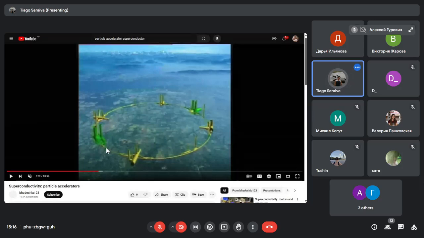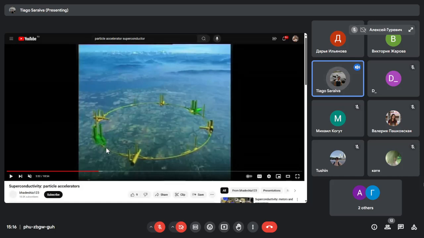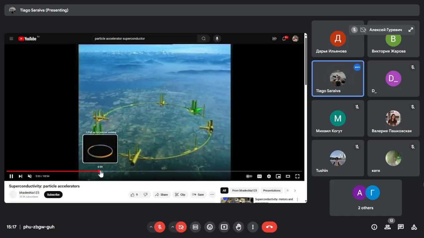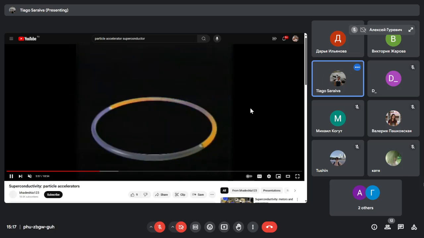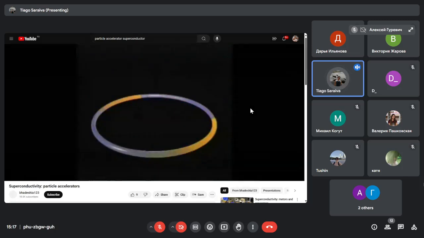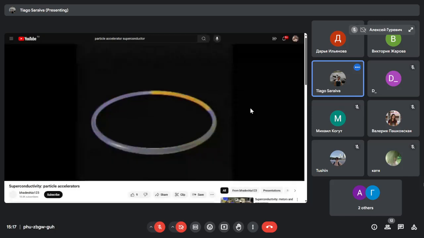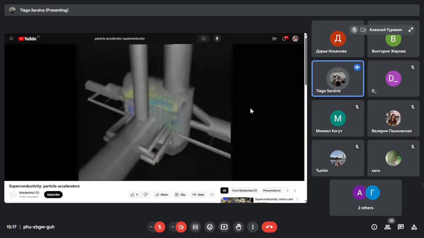When they are very fast, they produce some magnetic field around them, and then the superconductors repel them. So they just stay in the center of this cylinder, and they keep rotating very fast and collide at some point.